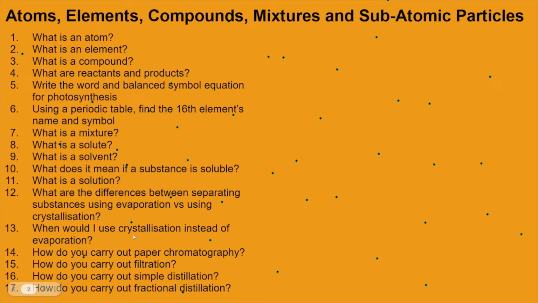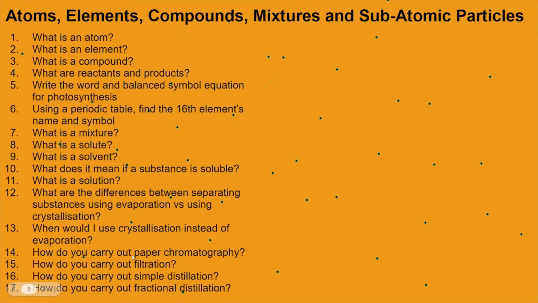The reason we use crystallization, because it would be easier to always use evaporation, is because some salts decompose when exposed to heat. So that's when we would use crystallization, separating a soluble salt from a solution. We have to do that in a practical later.